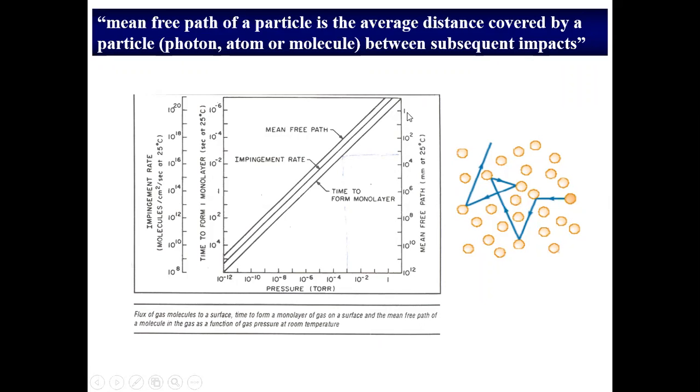The mean free path values here are 1, 10 to the power of 2, 10 to the power of 4, so as it goes up, it increases in value. This is low pressure, this is high pressure. So the lower the pressure, the higher the mean free path is going to be. For example, at 10 to the minus 6 torr, it's going to be 10 to the power of 6 millimeters in terms of mean free path.